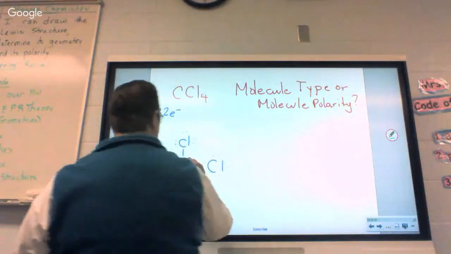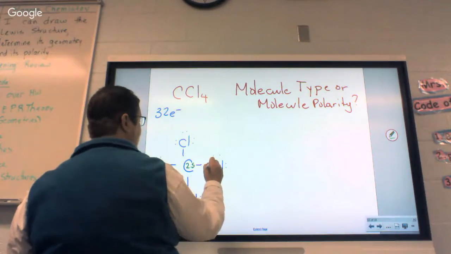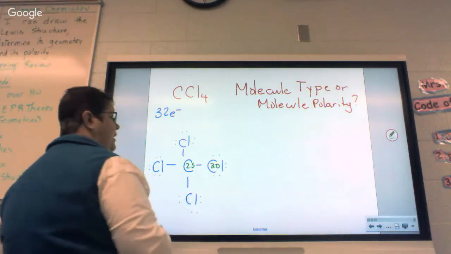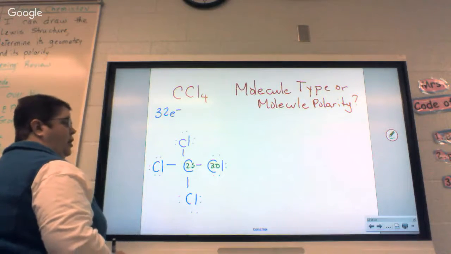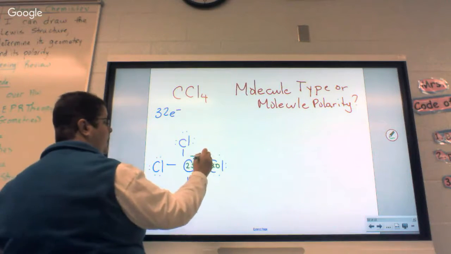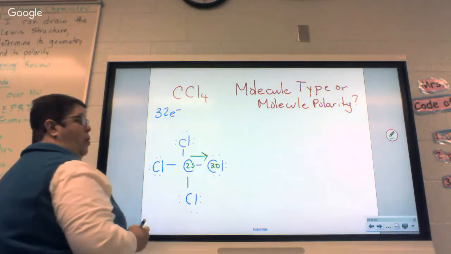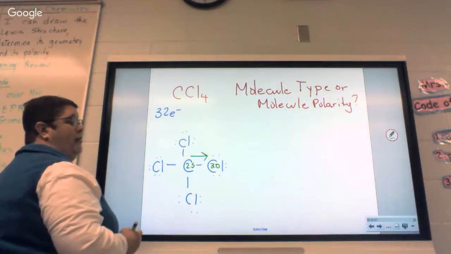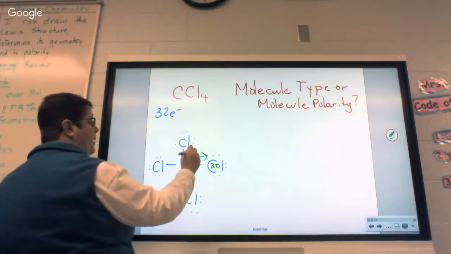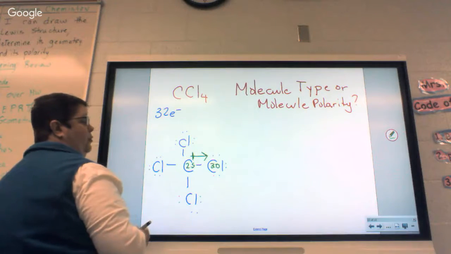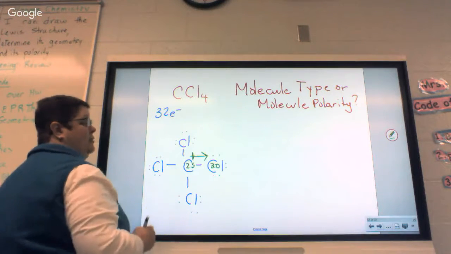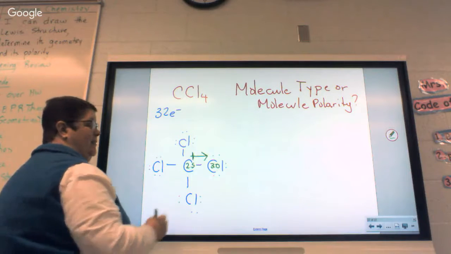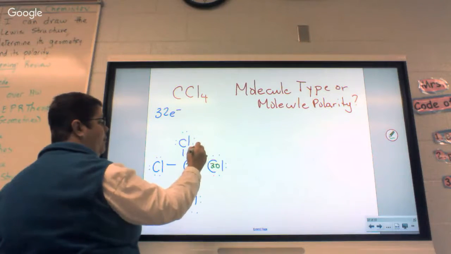C is 2.5 and Cl is 3.0. Because Cl is the more electronegative atom, we draw the arrow towards it. We put a plus sign at the C end because C is what we call more electropositive. And then we put 0.5 on it.